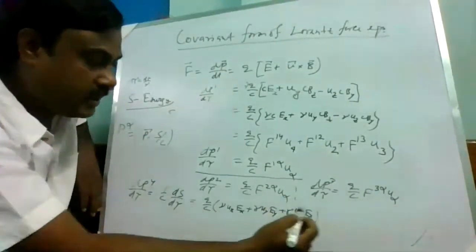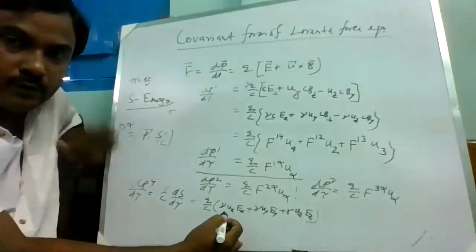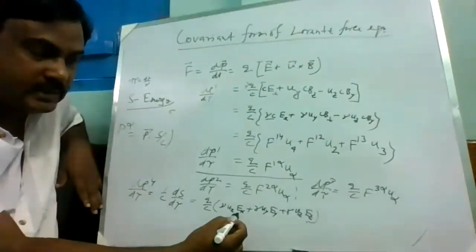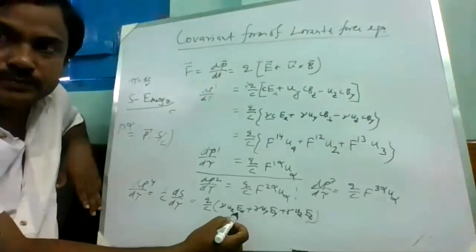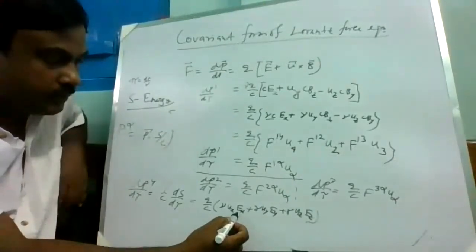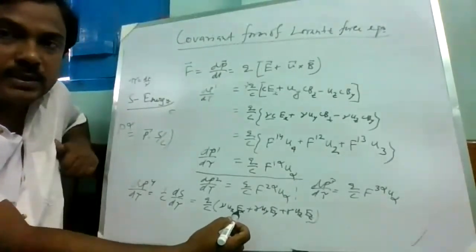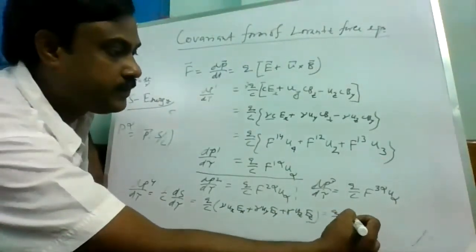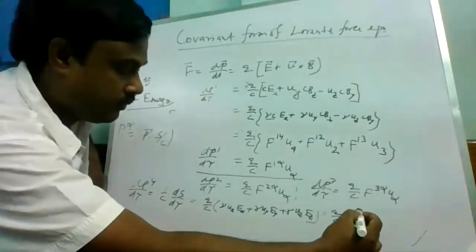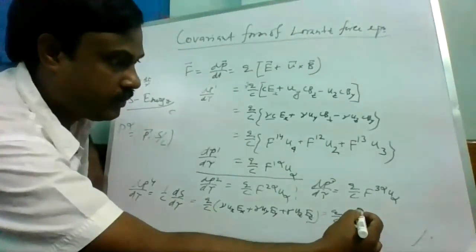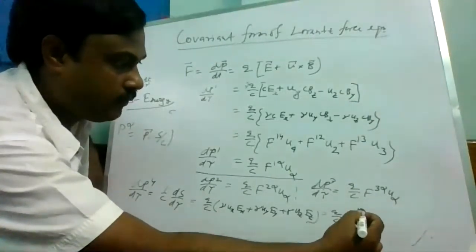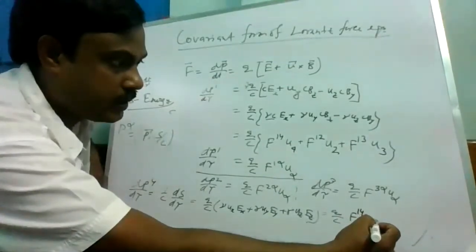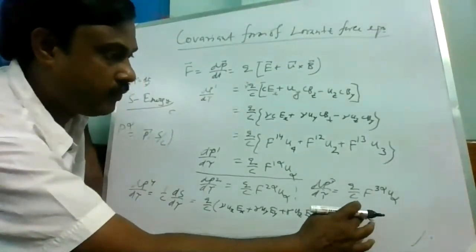So reading out these terms, gamma ux is the first component of velocity, and ex is f14. So this reads out to be q by c f41 u1.